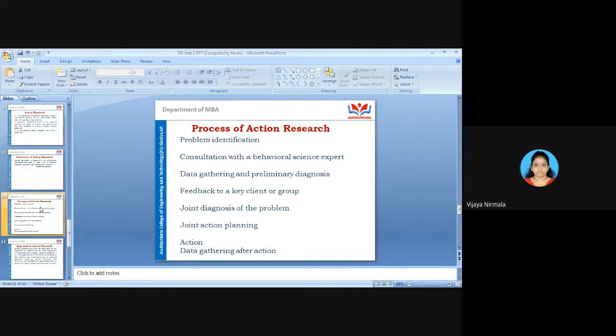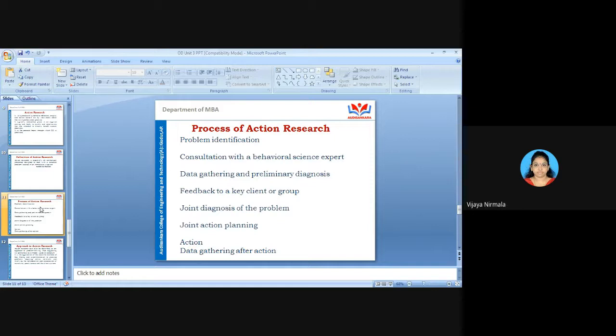What is problem identification? This is the first stage, the starting stage. In this stage, we usually begin when a key executive in the organization, or someone else with power, senses that the organization has one or more problems that might be solved with the help of organization development practitioners.